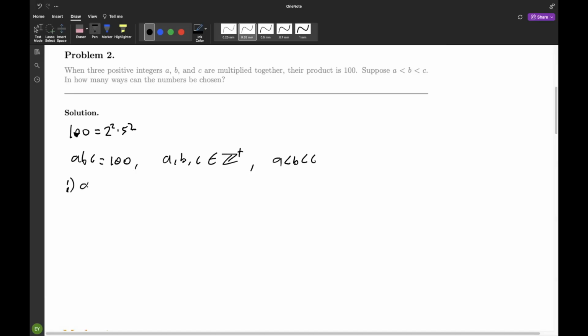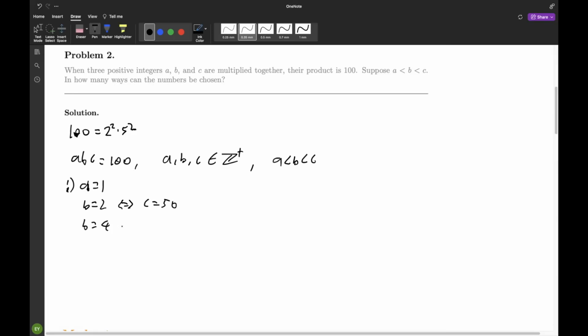The first case is when a equals 1. That's when a is smallest, right? Because a, b, and c are positive integers. Then we have b equals 2, then c equals 50.